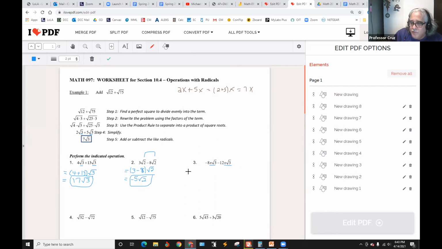So this is negative 8 minus 12, and the like part is the x square roots of 3. So that variable in front, well, it's acting like a variable. So that means we can add and subtract those as well, because x square roots of 3 is the like term.